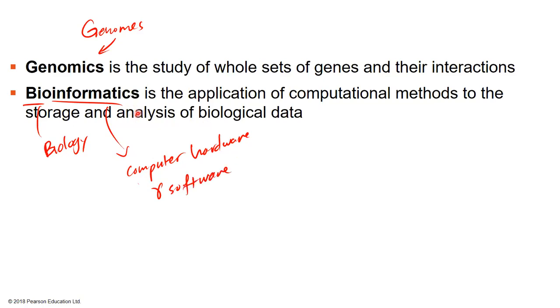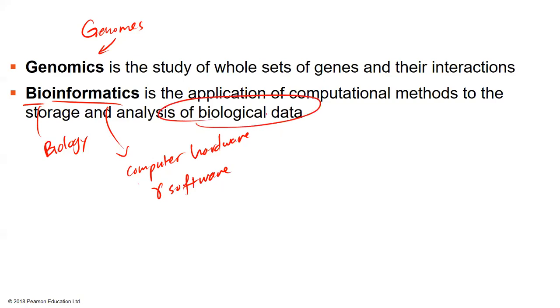So we need software and computers to analyze biological data like genome sequences, protein sequences, gene sequences, and many other biological data. So bioinformatics is the application of computational methods to store and analyze biological data.